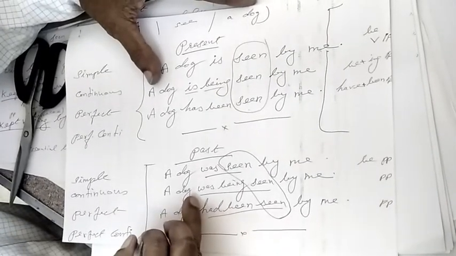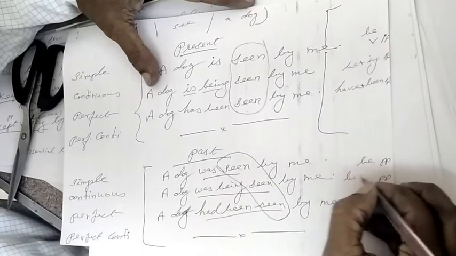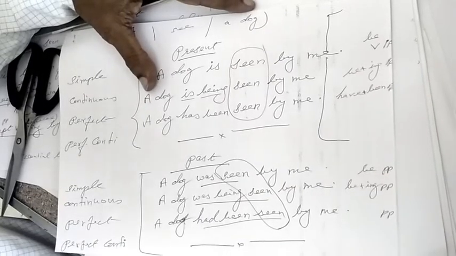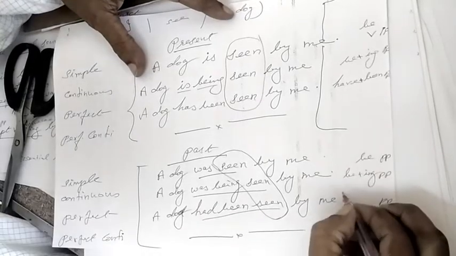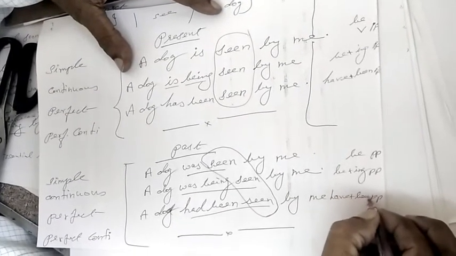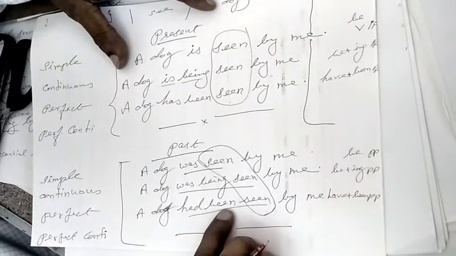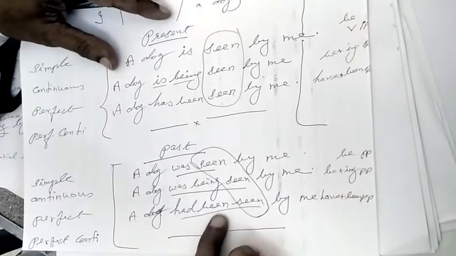Here the B group and ing are there, the B group and the ing, so they make it continuous tense. Here you will see the have group with been, that is the B group. Also it is the third form, making it a perfect tense.